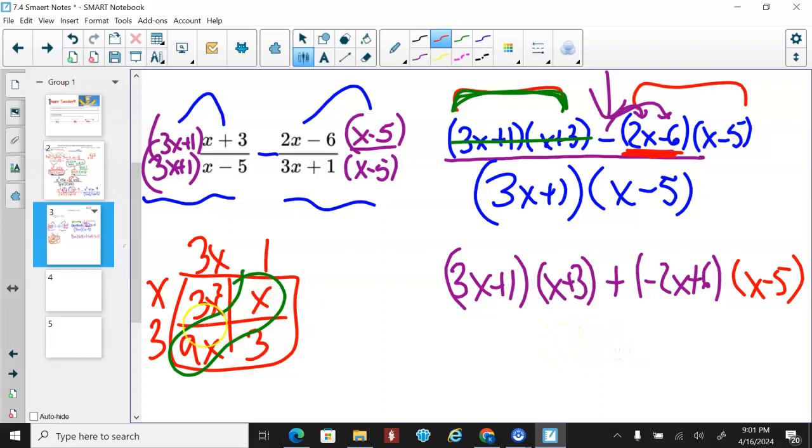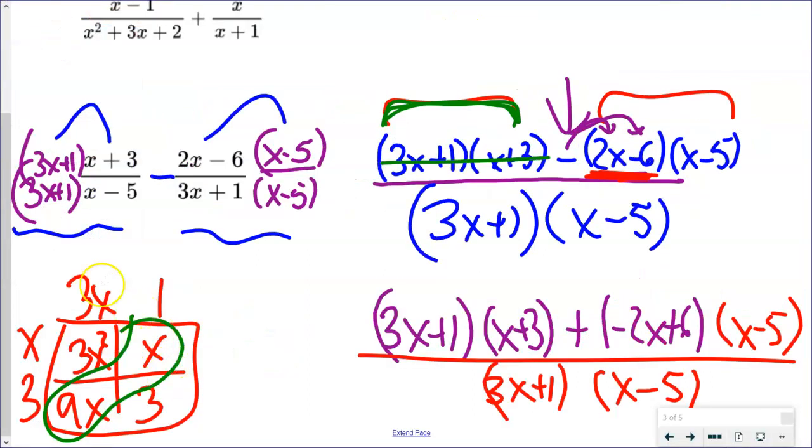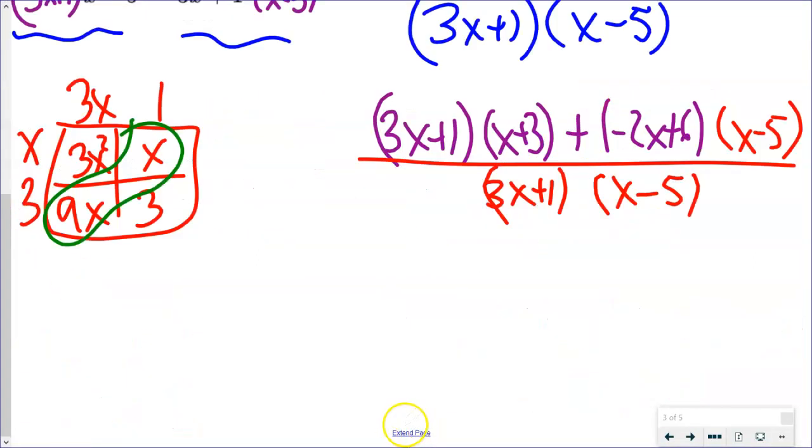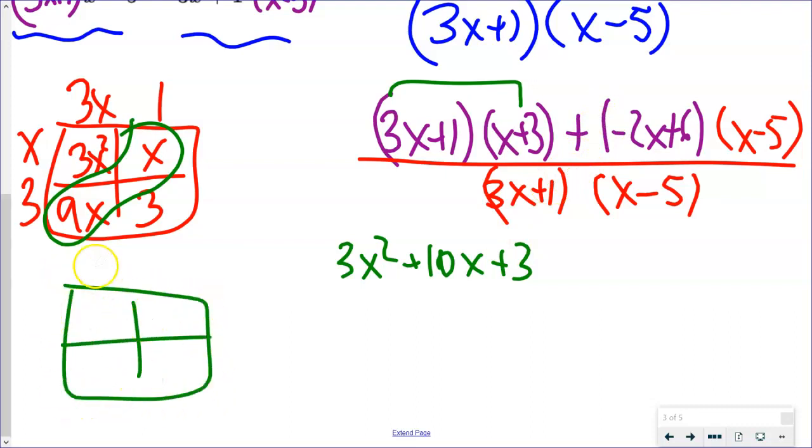So, we already multiplied this one. So now, we already multiplied the first two. So these two are already multiplied. So we got 3x squared plus 10x plus 3. Now, the next one we're multiplying is going to be negative 2x plus 6 and x minus 5.